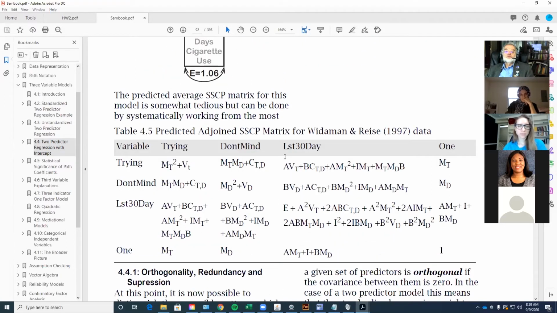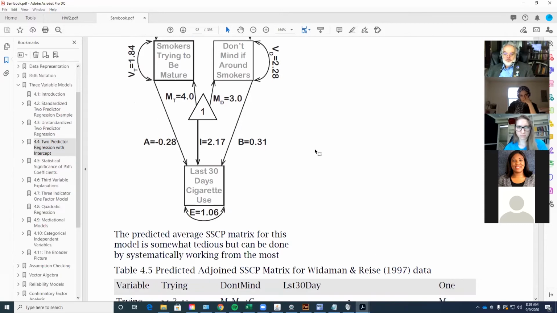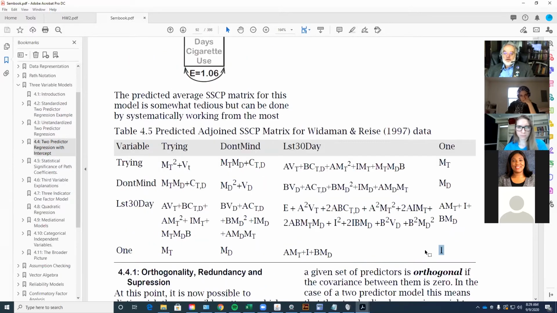And these are the tracing rules. It's the same thing. My predicted matrix here is now a statement about the adjoined sum of squares and cross products matrix. So whenever I'm looking at it, the column of ones is going to have an average sum of squares and cross products matrix of 1. The predicted means will be on the off diagonal associated with the column of ones.